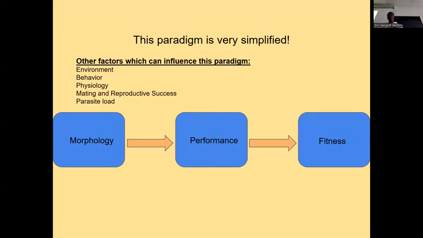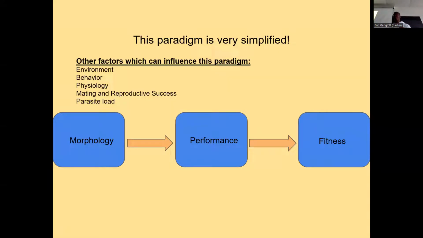So environment plays a big role in determining how this paradigm operates. Another aspect that influences this paradigm is behavior. Organisms can change their behavior to influence performance or fitness.